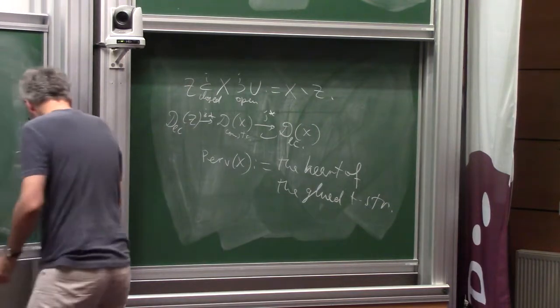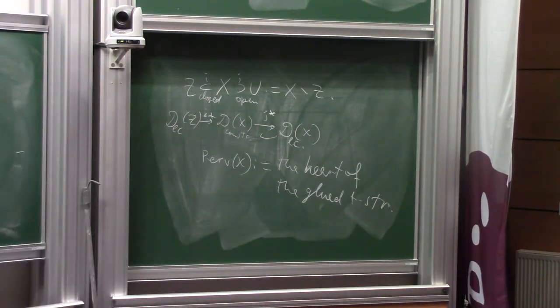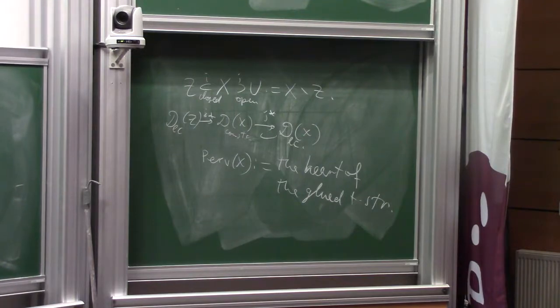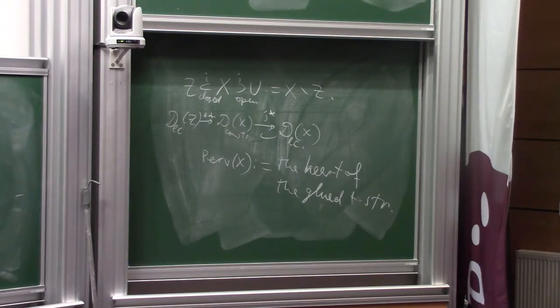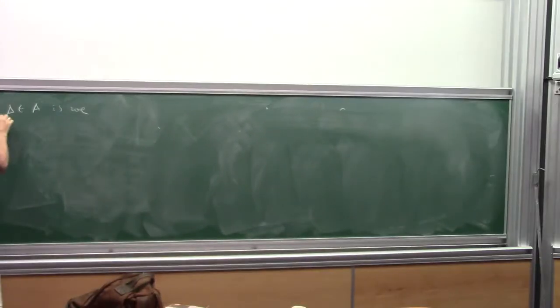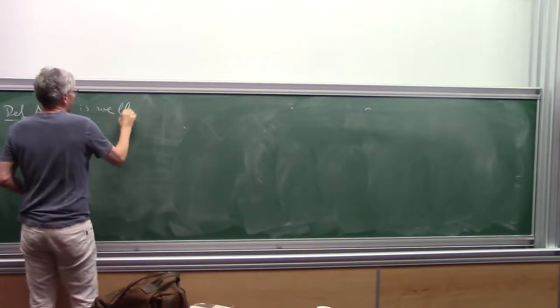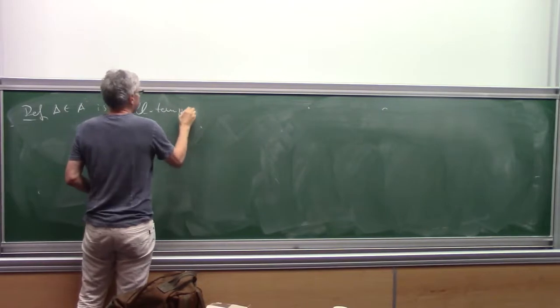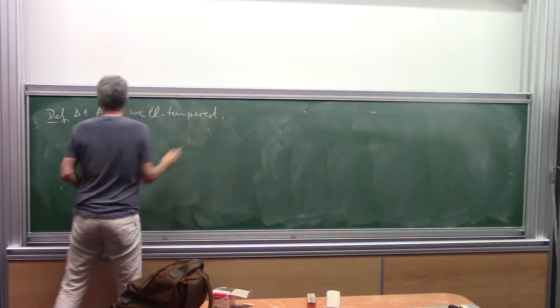So the claim is that delta in A is well tempered, first definition. There are two conditions.